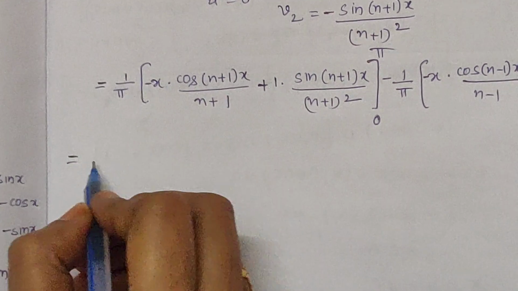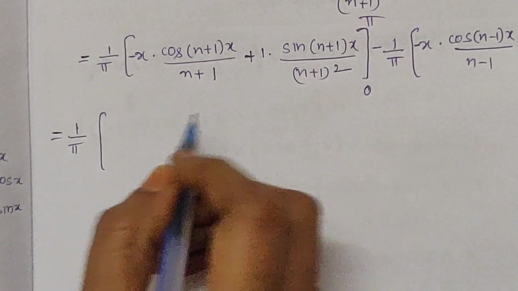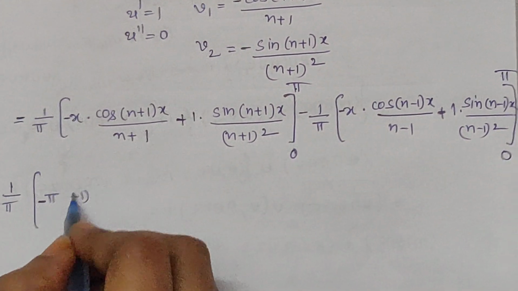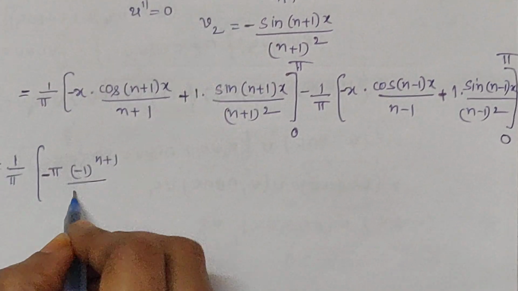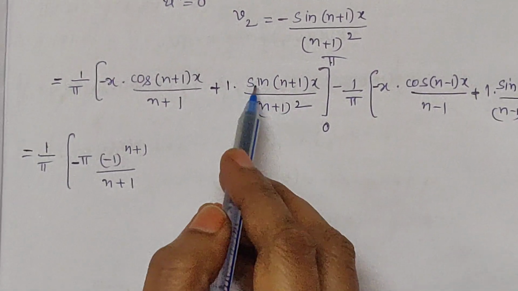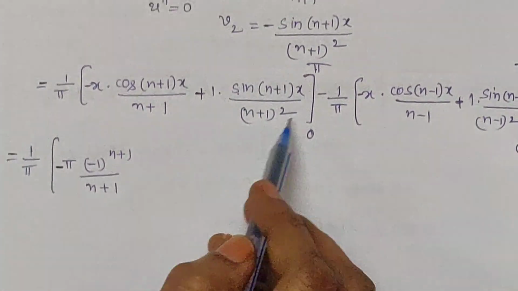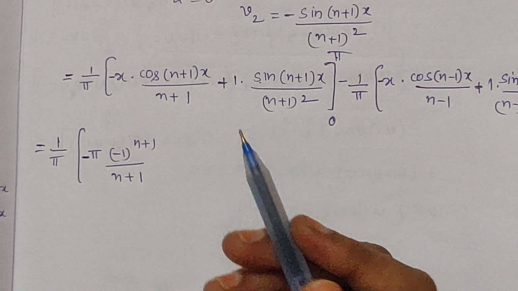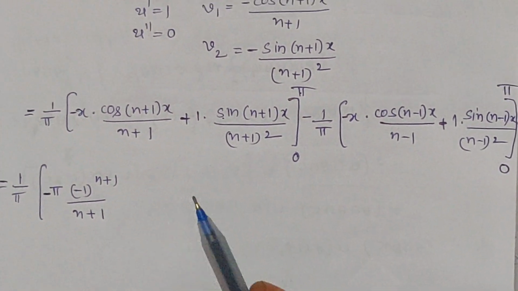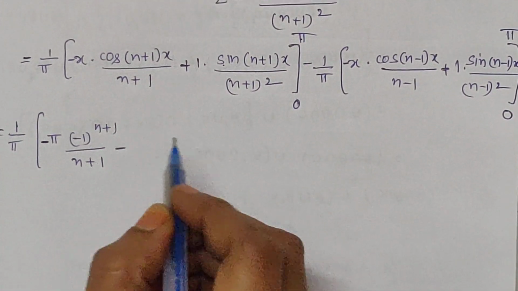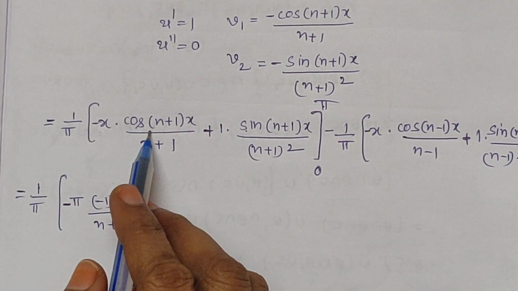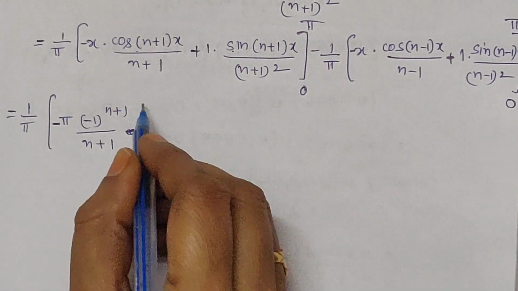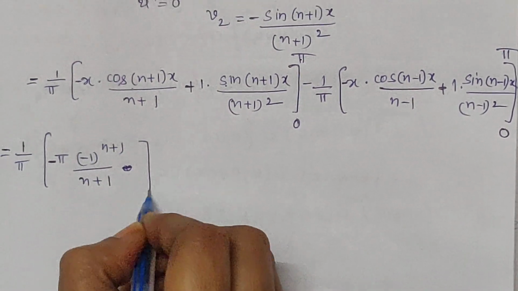Now, by substituting the upper limit pi, you will get minus pi times (-1)^(n+1) by n+1. Sin n pi is 0, so this term is 0, and sin of (n+1) pi is also 0. Minus the lower limit 0 into this term is 0, and sin 0 is 0, so you will get only this term.